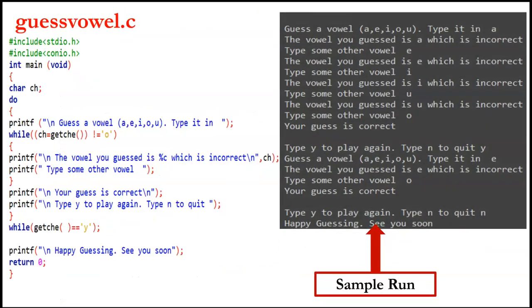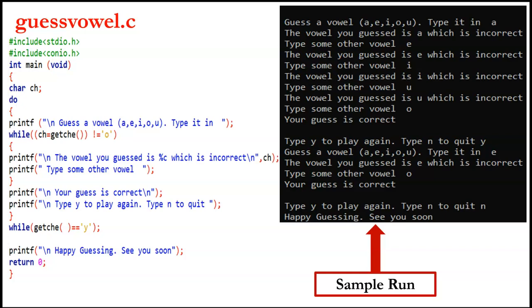Now here is a sample interaction with the program. The program prints "Guess a vowel A, E, I, O, U, type it in". Let's say the user types A, then the program prints "The vowel you guessed is A, which is incorrect". Then the program prints the message "Type some other vowel".